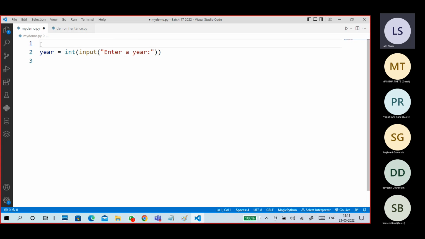So I am putting a hashtag. This is called a comment. What is the purpose of this one? Find year is leap year or not.